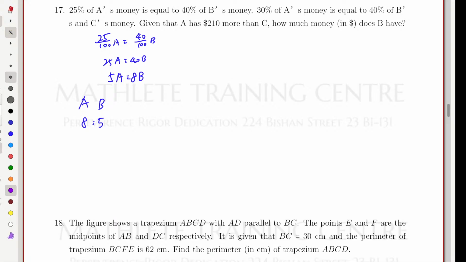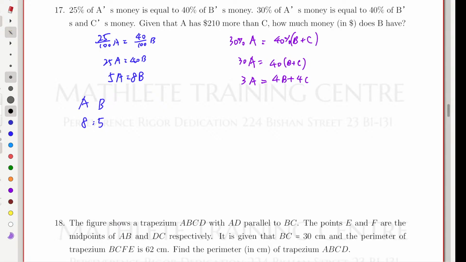For the second condition, 30% of A's money is equal to 40% of B plus C. So what can we do? Just like what we did on the left side, we can multiply by 100 to get rid of the denominator. And then here I can divide by 10, 3A equals 4B plus 4C.